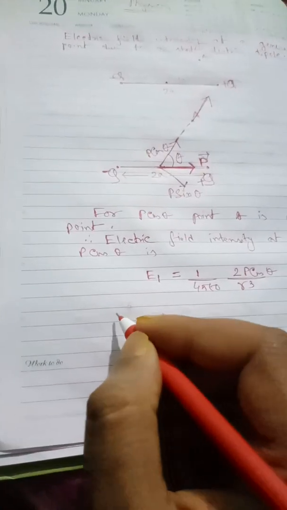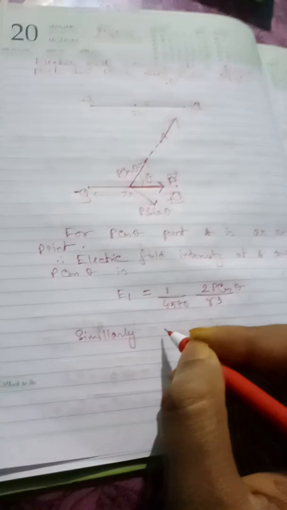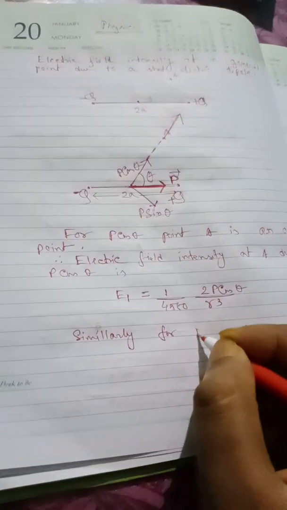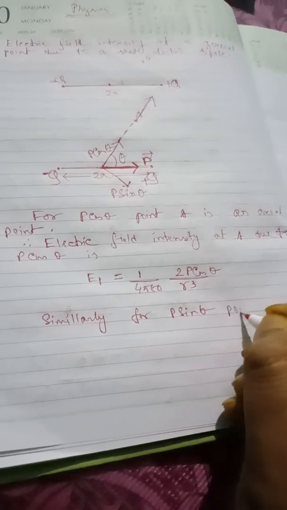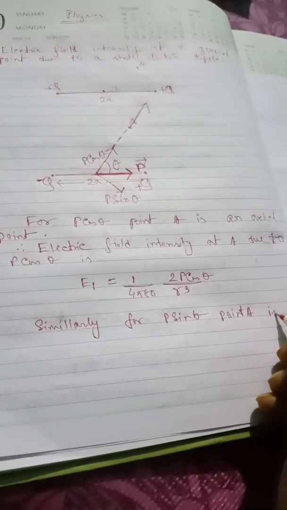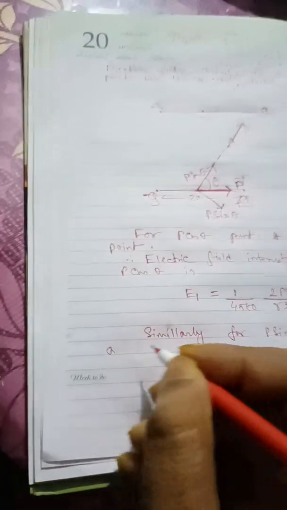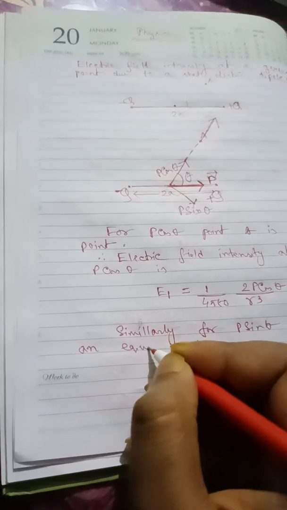Similarly, for P sin theta, point A is an equatorial point.